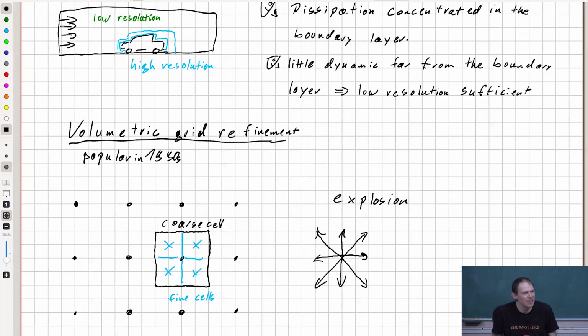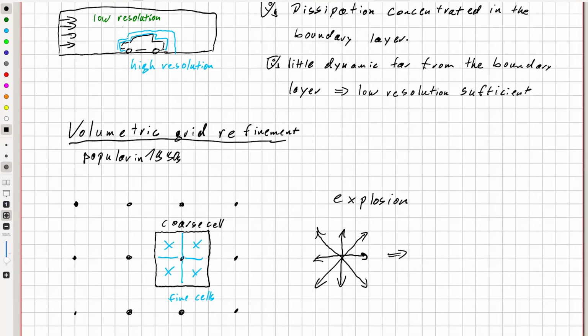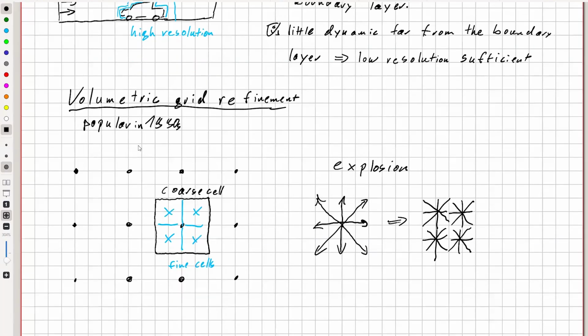Of course, you simulate cars in 3 dimensions, but for simplicity, let's just assume this here. So we do an explosion. This explosion means we have our populations here, and I'm drawing ugly today. And you simply split this up, going from coarse to fine.